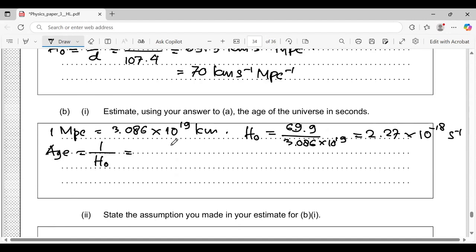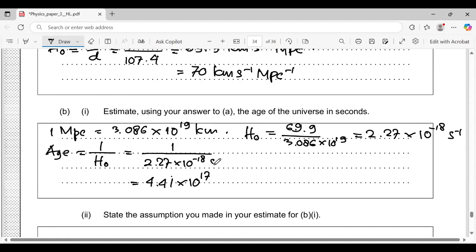So it is 1 over 2.27 times 10 to the power minus 18 per second. If you calculate, the result is 4.41 times 10 to the power 17.